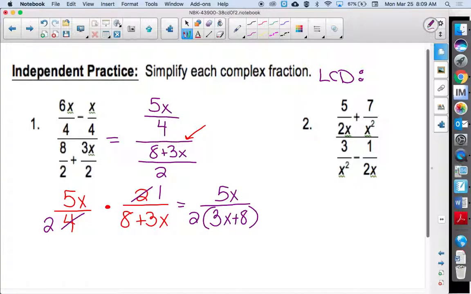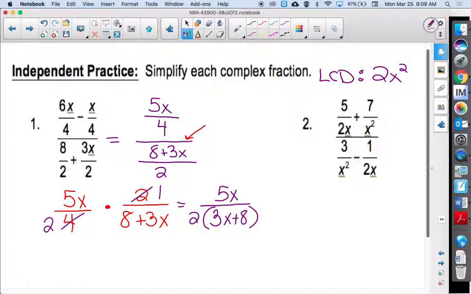What would the least common denominator be? Bill, do you have an idea what the least common denominator would be? 2x. Yeah. So our least common denominator would be 2x squared.